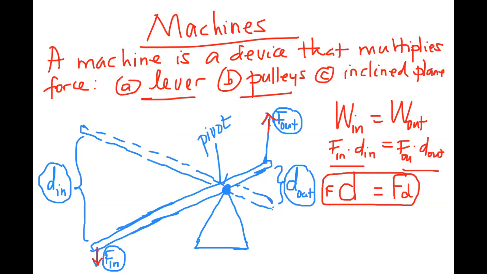One thing you should know is that a machine multiplies input force at the expense of distance. I think I mentioned this already. You moved through a longer distance here, but the load, whatever you are lifting, only rises a little bit. As you can see here, it's a smaller displacement upward. So a machine multiplies input force at the expense of distance.